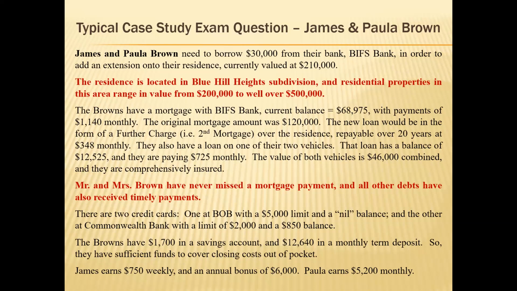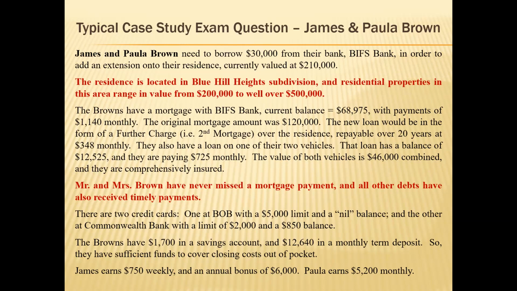The current balance on the mortgage is $68,975. The current value is 210. Then it tells us some of the other items. They have 2 vehicles, one with a loan, and it tells us the value of both vehicles. It tells us about their payment history.